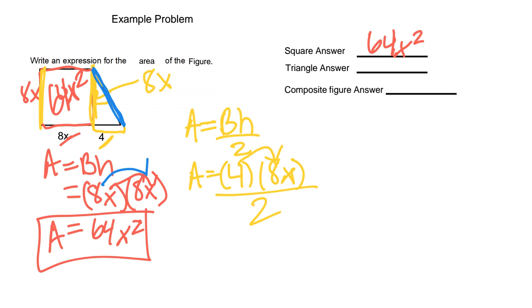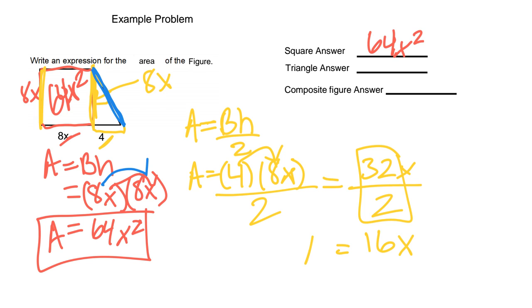Well, if I multiply 4 and 8, that gives me 32x. And then I still have to divide by 2 at the end, and 32 divided by 2 gives me 16 x's. So the area of the triangle is 16x.